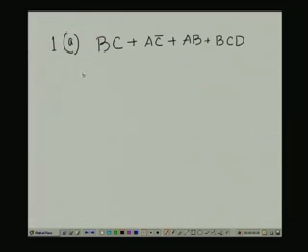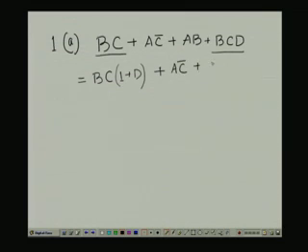Now, if we take BC common in BC and BCD, then it will be 1 plus D, and we keep the other terms as they are, because no literals are common between these terms.